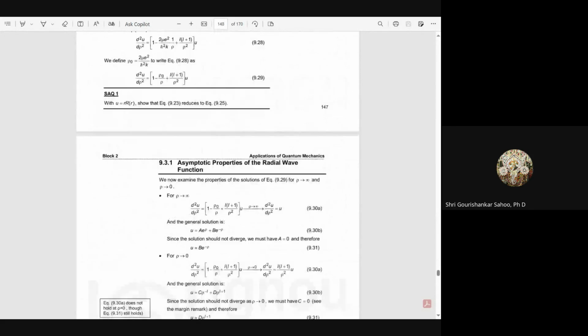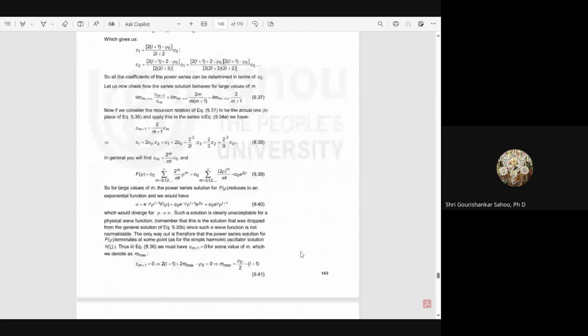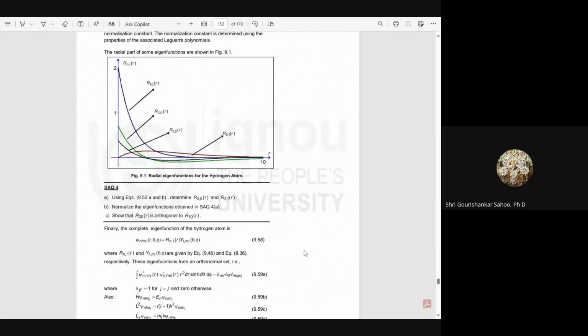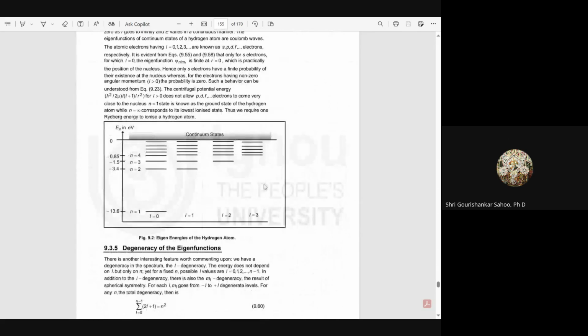Radial equation solution, theta solution, phi solution using power series or Frobenius method, which I have explained to you today. And the wave functions psi 211, psi 21, psi 30, psi 100, psi 200, psi 300. So I have explained to you today.